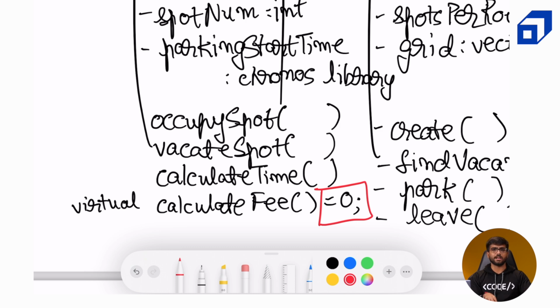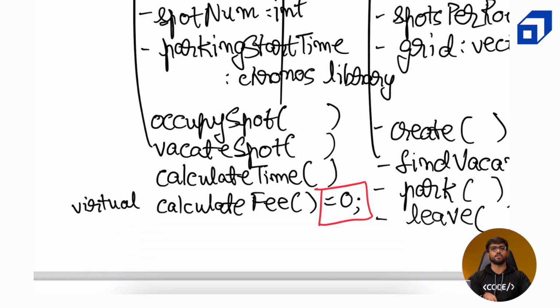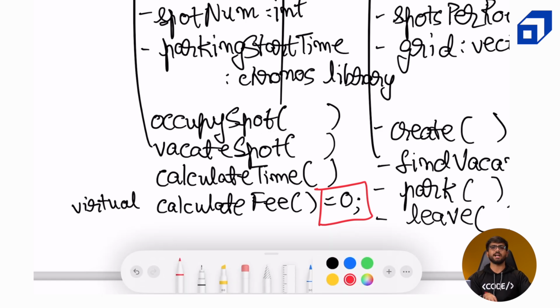And if there is an abstract class, you need the child class to actually implement those pure virtual functions. Otherwise, the child class which inherits from that abstract class also becomes an abstract class. So if you want to create an object for that child class, you need to provide implementations for these pure virtual functions.